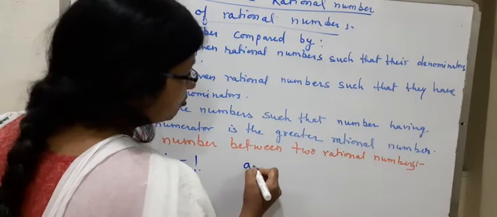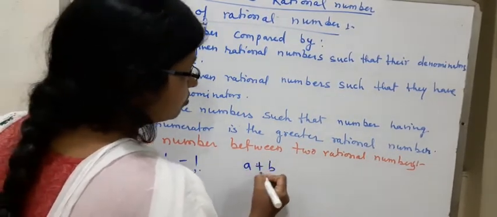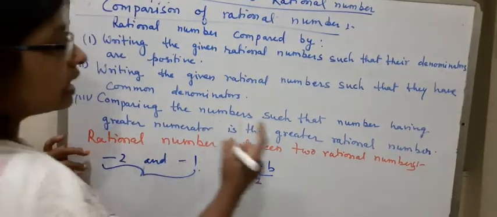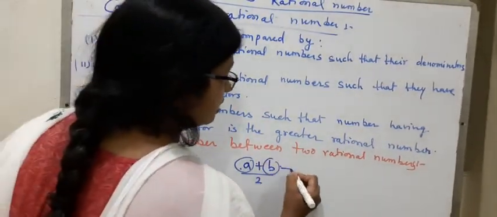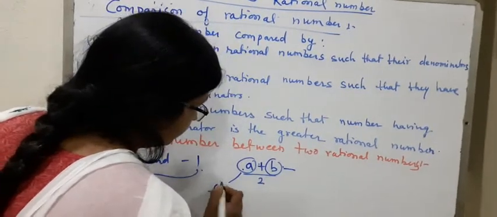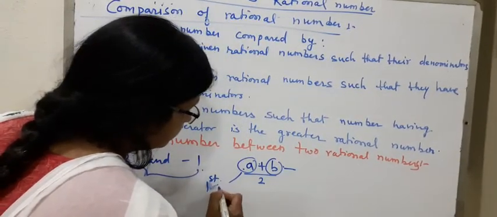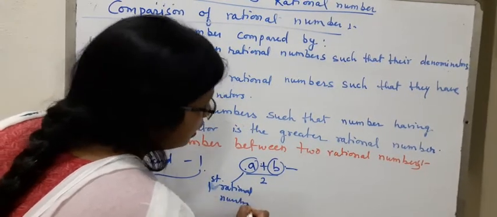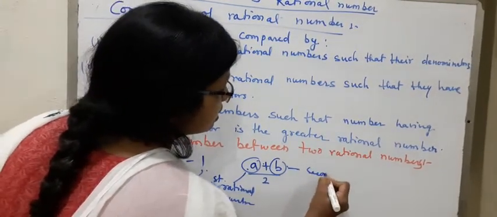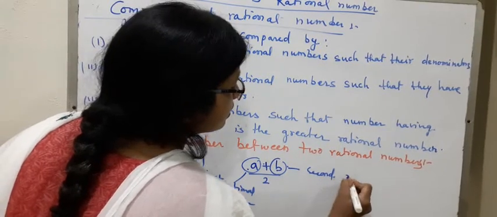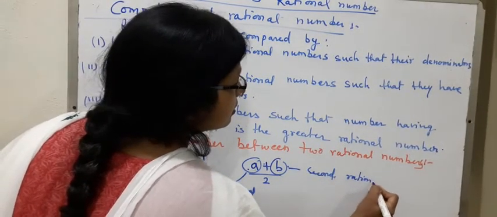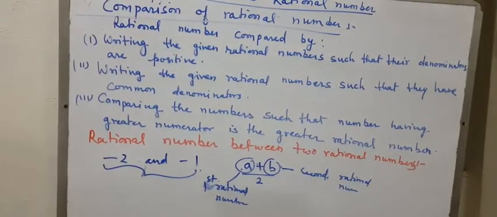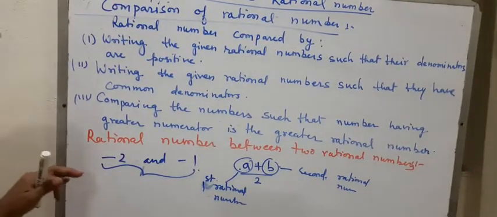First is the formula (a plus b) by 2, where a is the first rational number and b is the second rational number. But this process is lengthy, so we find a shortcut.